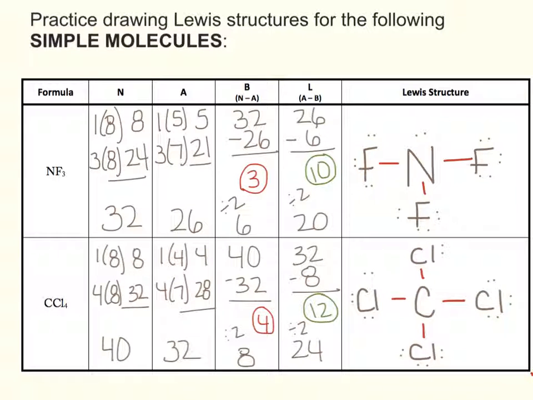We then verify that the number of lone pairs that we placed in our Lewis structure matches the number calculated in the L column, and it does. And then as a final check, we want to verify that each atom present in the molecule has the number of electrons needed for stability, and this one checks out.